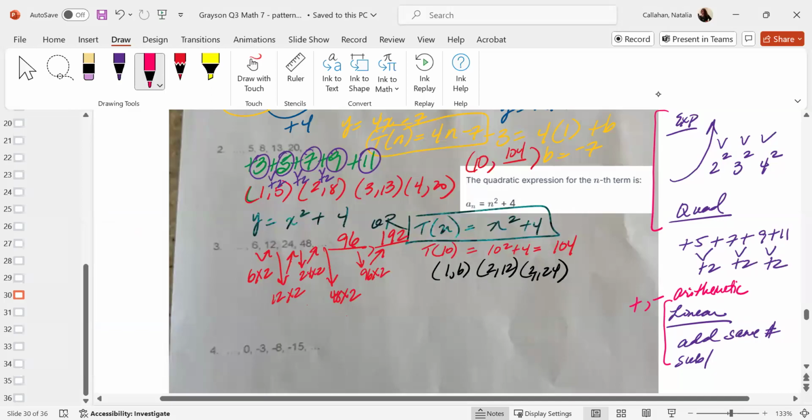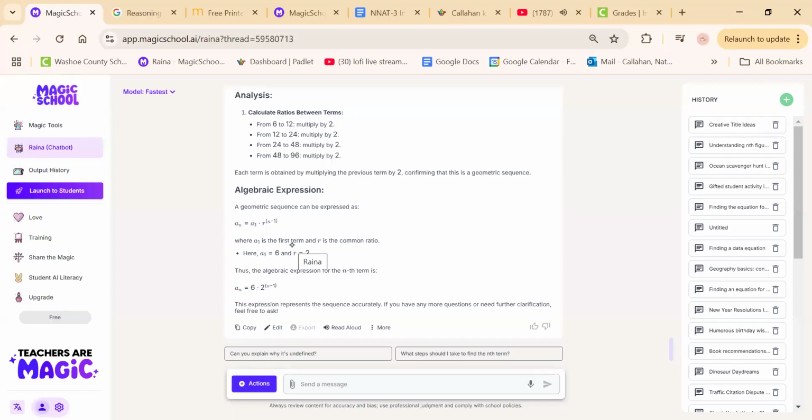When you're multiplying or dividing, it's geometric. You see the difference? Okay, so let's go back and see what we have. So multiply by 2. We did agree with that, right? So this is exponential. Do you see how it's 2 to the n minus 1? Okay. So this one is, or I'm sorry, this is exponential.